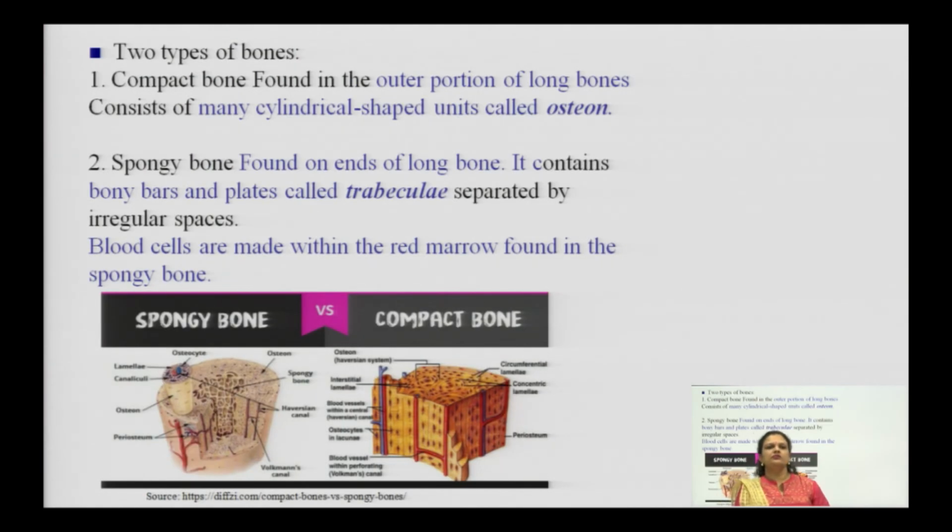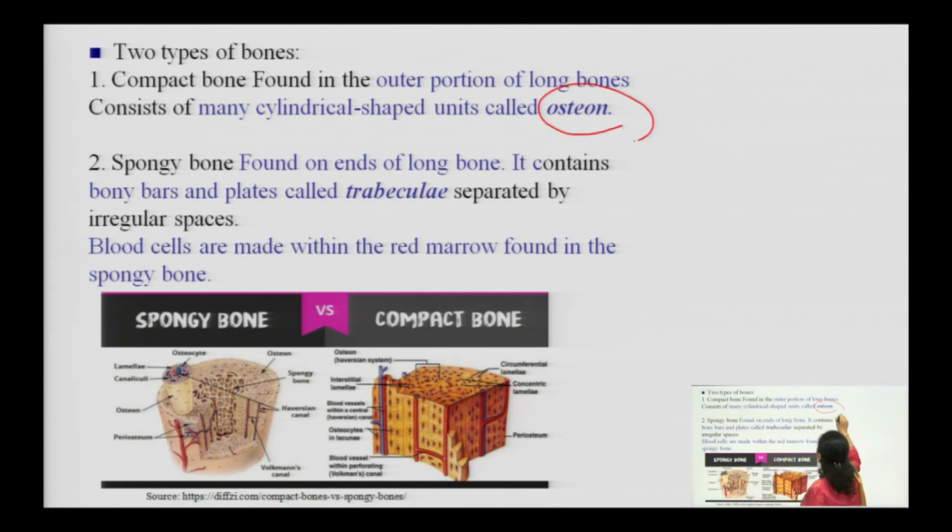Now, coming to the two different types of bone we were already talking about, spongy bone and compact bone. Compact bone is found in the outer portion of the long bones, and it consists of many cylindrical shaped units known as osteons.